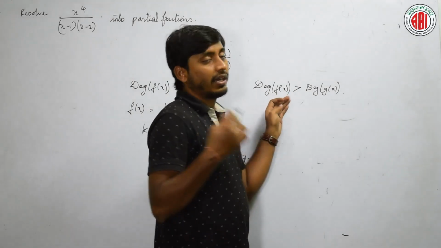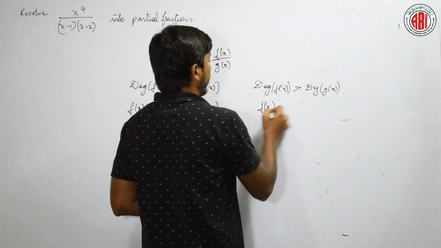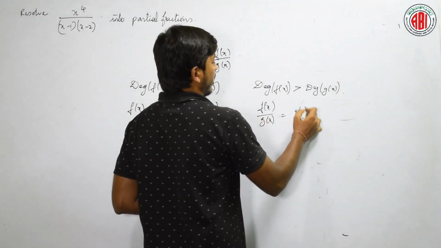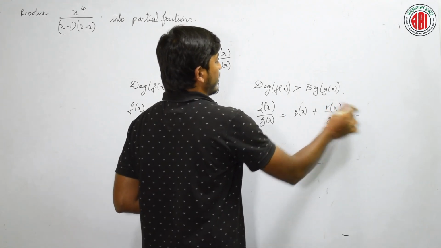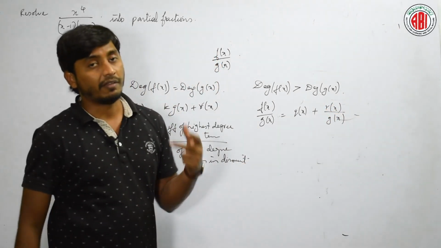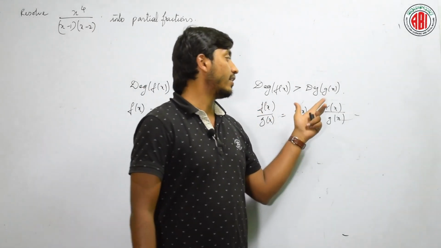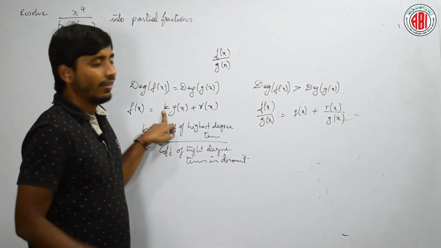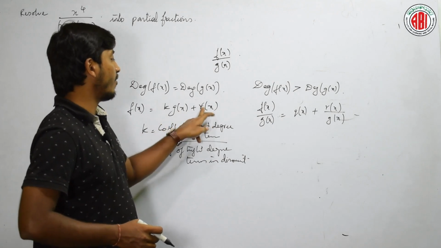Similarly, if the numerator degree is more than the denominator, then we will write f of x by g of x is equal to some quotient plus remainder by g of x. What is this q? Whenever the numerator degree is more, we will just divide the polynomial and write the quotient here and the remainder here. In the first case we will write only some constant, so f of x is equal to k into g of x plus r of x.